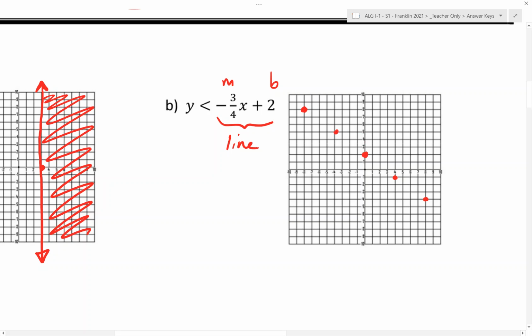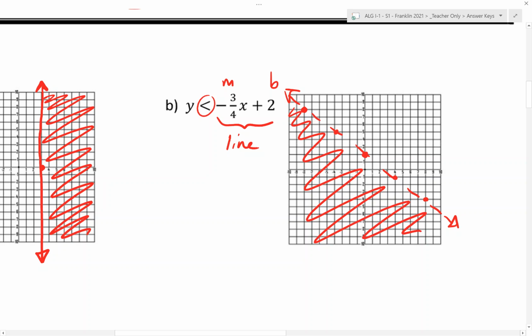Now once you have your points planned out, before you draw the line, you have to decide what type of line. Our symbol here is less than, so it doesn't have the equal to bar, so we're going to use a dotted line or a dashed line. And this is to show that the solution starts here but does not include these points. And since y is less than this line, we're going to shade the direction in which y decreases, so below the line.